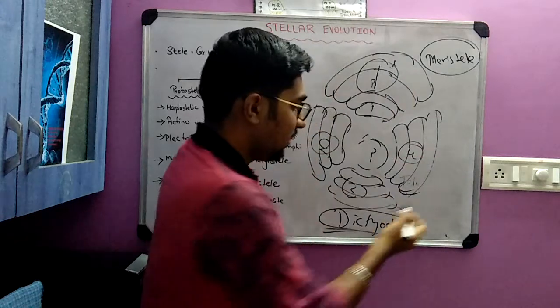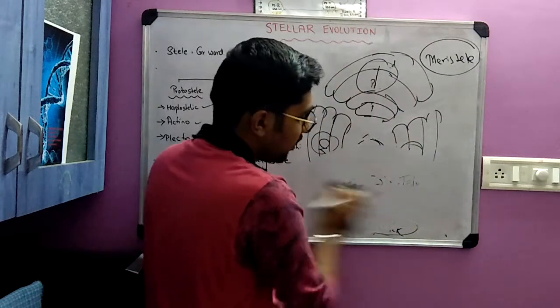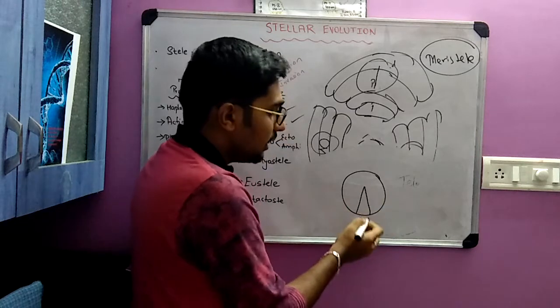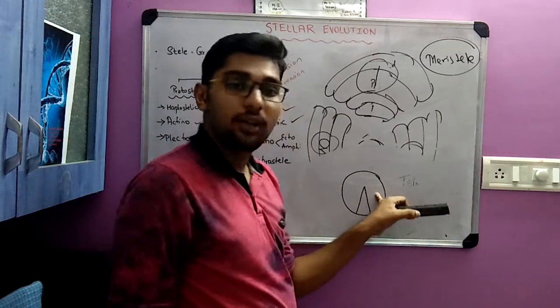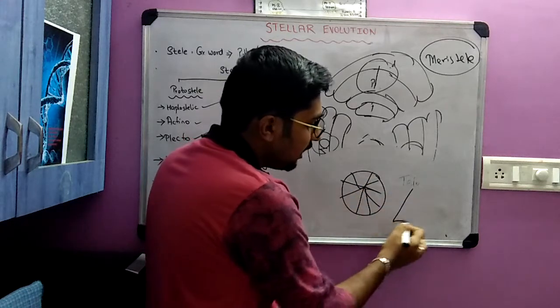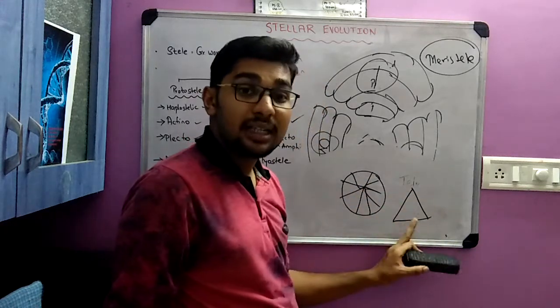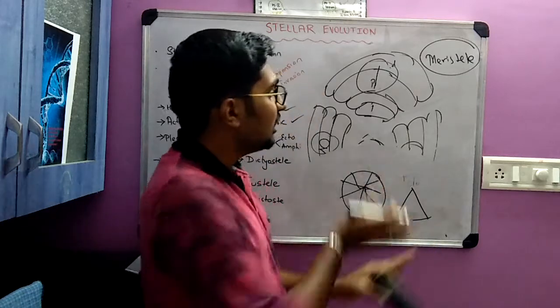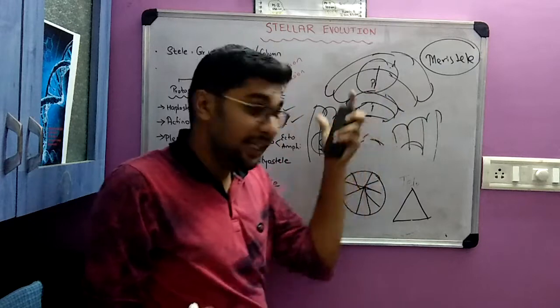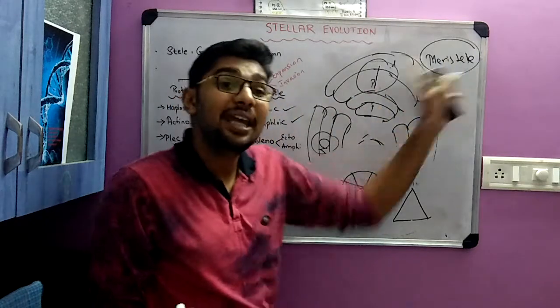It is like a pie cake. So you can find a single cake over here. If you cut a single piece, then it is called solenostele. If you cut into many pieces, a single piece of cake is called meristele. Similarly, the single discrete unit of this dictyostele is called meristele.